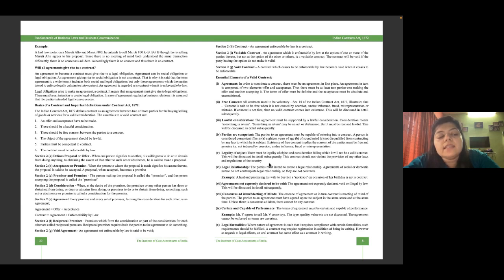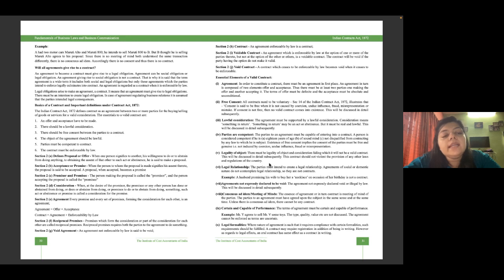But the problem was that the offer was made for one car, whereas the acceptance was made for a different car. Now, in such cases, there wouldn't be any agreement because the acceptance has not met the offer.